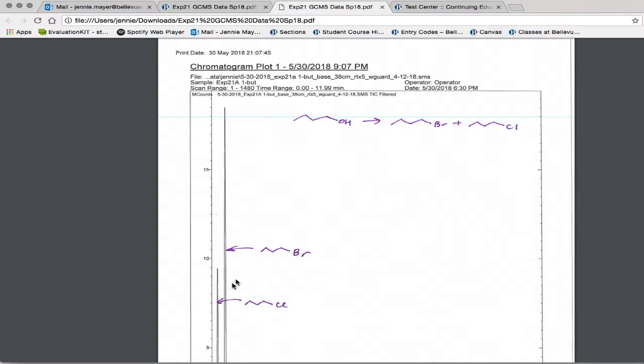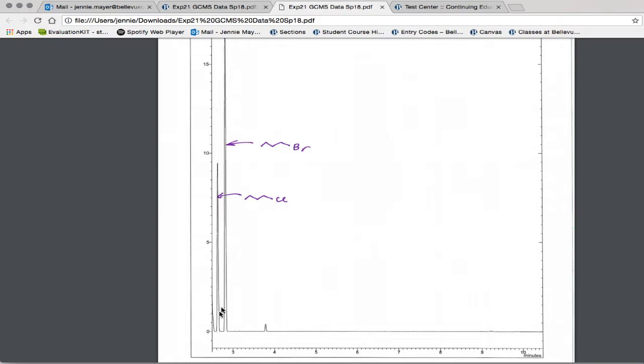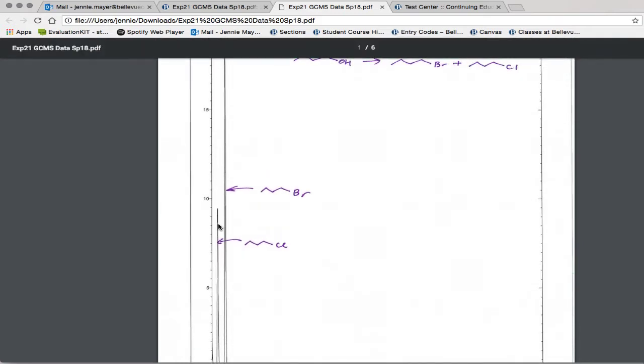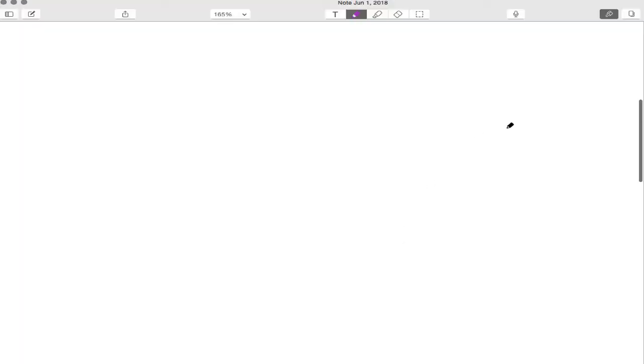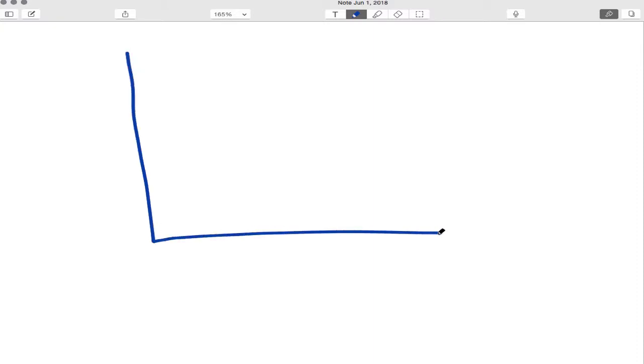So now that I have the two peaks, let's take a look at them. You can see they're different heights, but more importantly, we base the percentage of each one on the area, so the integration or the area under the curve. Now it's a little bit difficult to use that graph because it doesn't fit on one page, so let me redraw it here. We had one peak here and another peak here, all right?